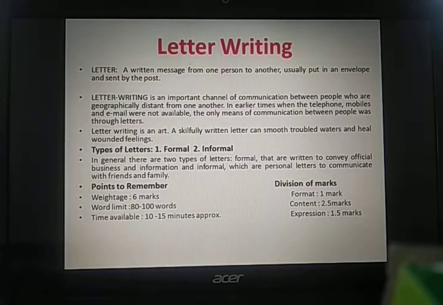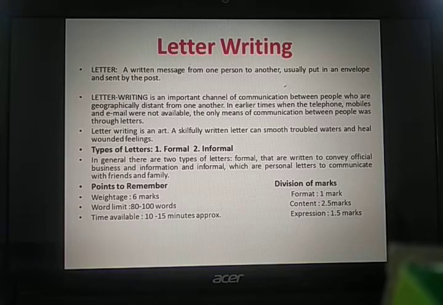Now, letter writing. What is a letter? A letter is a written message from one person to another, usually put in an envelope and sent by the post, right? But these days there are many other ways of sending messages, but here we will focus only on letter writing. Letter writing is an important channel of communication between people who are geographically distant from one another.